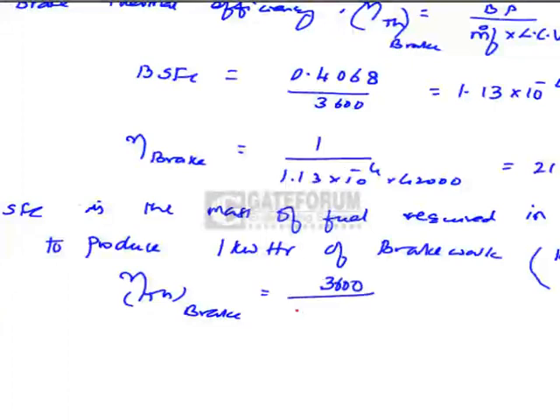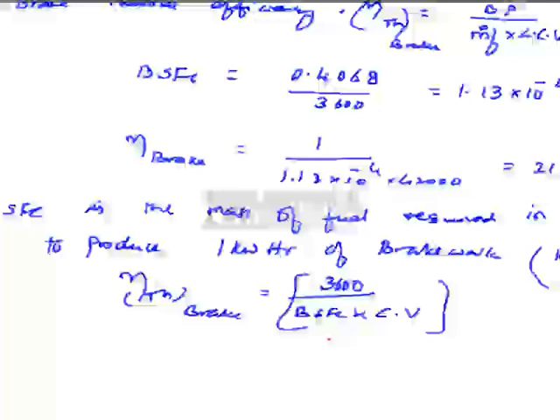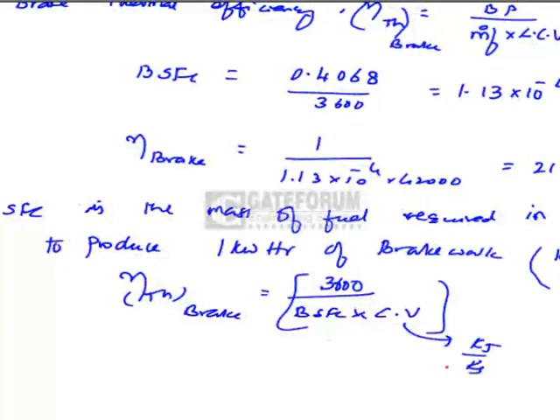3600 divided by BSFC into calorific value, whereas calorific value should be in kilojoule per kg and BSFC should be in kg per kilowatt hour. So this is the formula I had used above.